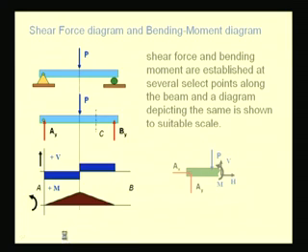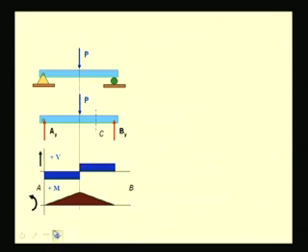Let us see this a little more clearly. If we take a section between A and the mid section of the beam, then this is the free body diagram of any such section, because this load P is not available in the free body diagram of that portion of the beam.